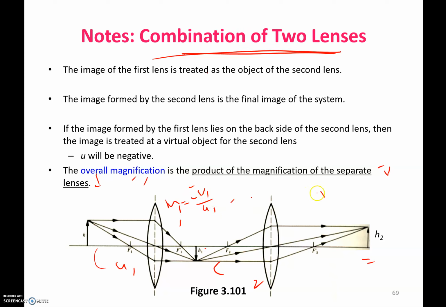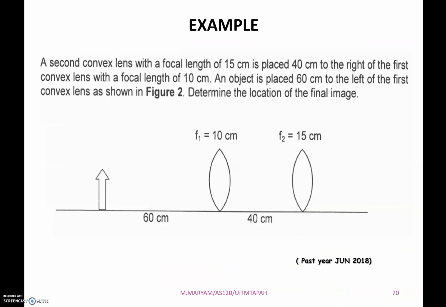Once you've gotten this, calculate the magnification for the second lens, m2 = -v2/u2. Then you multiply both magnifications to get the total magnification. Now it's hard for you to understand just by explaining, so let's do an example here.